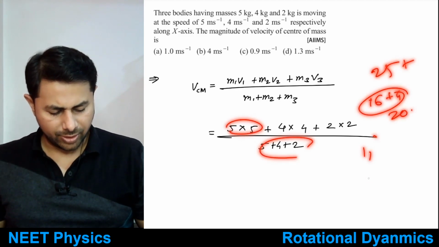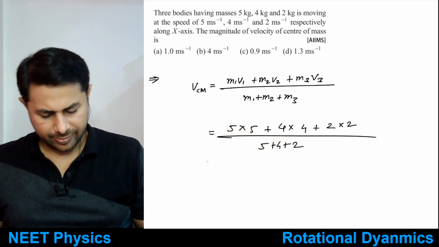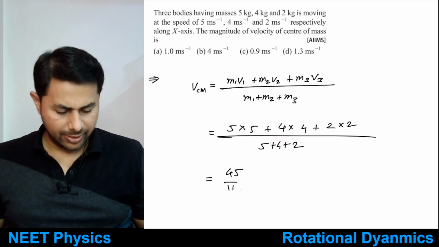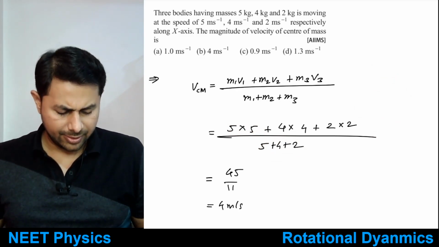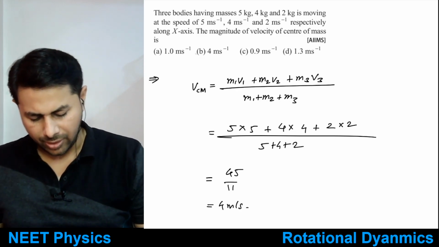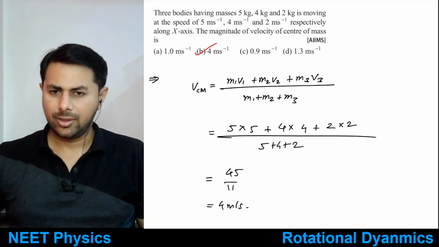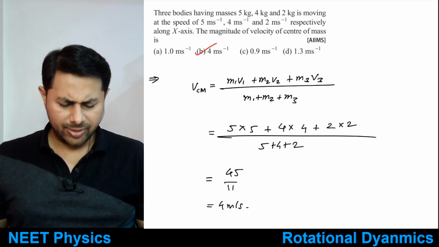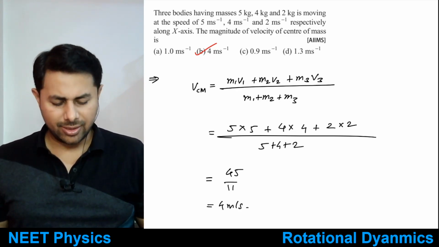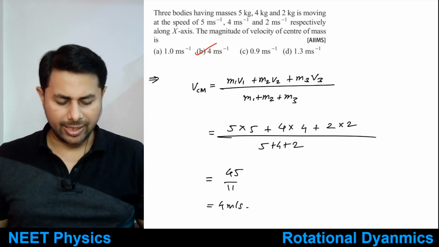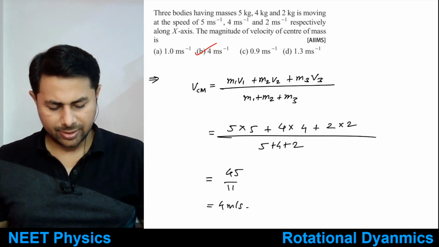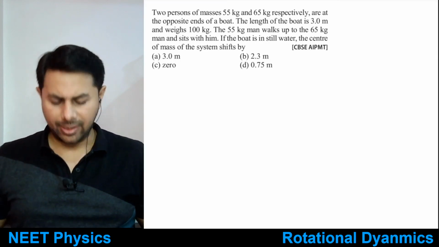So 45 divided by 11, nearly 4 meters per second. That's the answer, Option B. So if there is a problem like this one or the one that was asked in 2020, that's very simple, right?